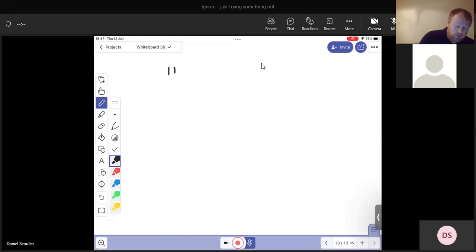So say another example, 11 minus, and then another bracket, 1 plus 3x. Typically, in past papers, that's the type of format that I've seen.